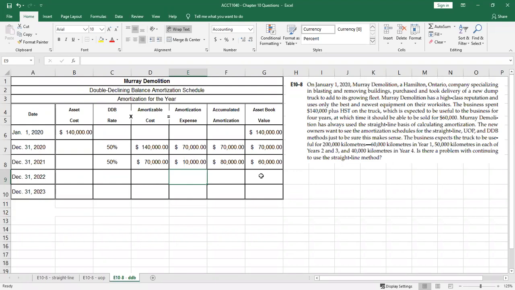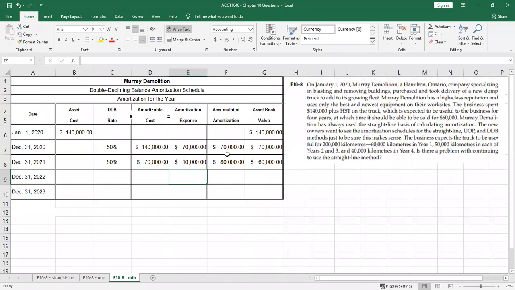Management expects this truck to be useful for 200,000 kilometers. This truck is expected to play a role in this company for a certain period of time, hypothetically and conceivably for more than 2 years that we see using the double declining balance method.